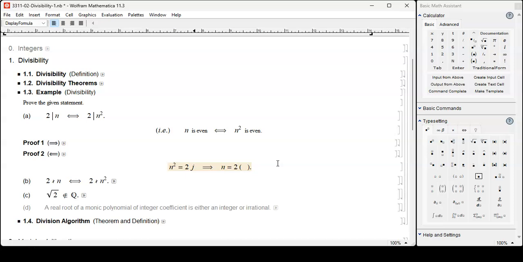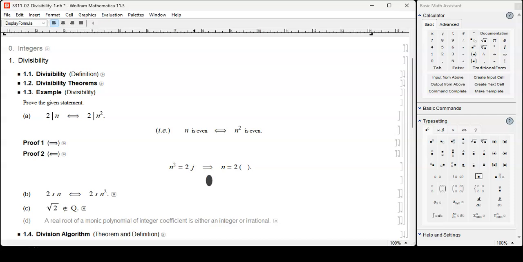If you have some idea, then stop the playback and try. If you don't, then I'll give you a hint. Try a proof by contradiction. Start by negating the conclusion. Actually, it's the other direction, so this is the conclusion. Negating the conclusion and try to derive some contradiction. So let's suppose that 2 does not divide n.